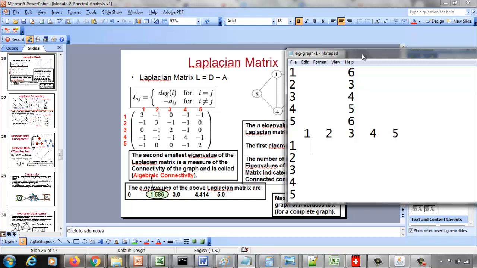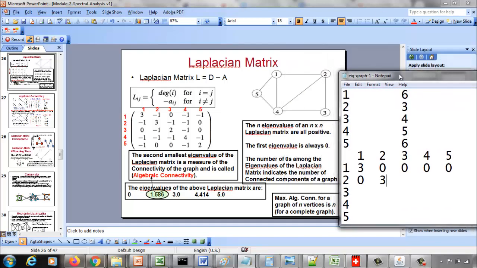So for vertex 1, the degree is 3, and the other entries are all zeros. And for vertex 2, the degree is 3. For vertex 3 it is 2, that is its degree, and so on. So that's what a degree matrix looks like.